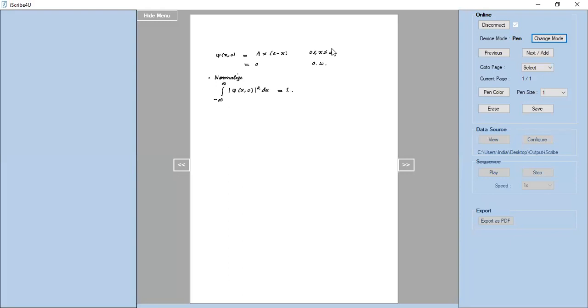And the basic thing is, of course, this implies that you need to do it only between 0 and a, because that's the only place where the wave function has some value, right? And you will get your mod A square, and then you get x square times a minus x square, all right, dx is equal to 1.